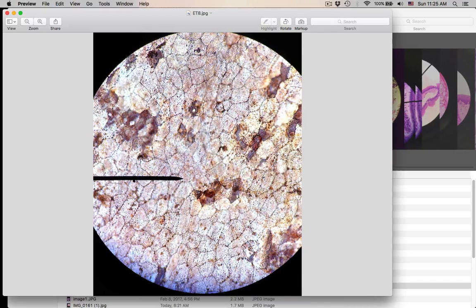So here's the outline of the cells here. Tell me the type of epithelial tissue this is. This is number 16. This is a flat mount of a sheet. That was the word I was looking for, a sheet of epithelial tissue. What type of epithelial tissue is this?